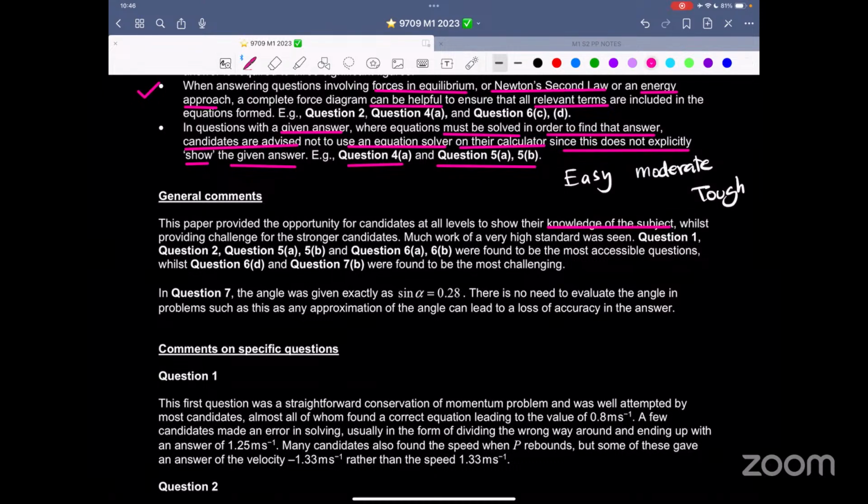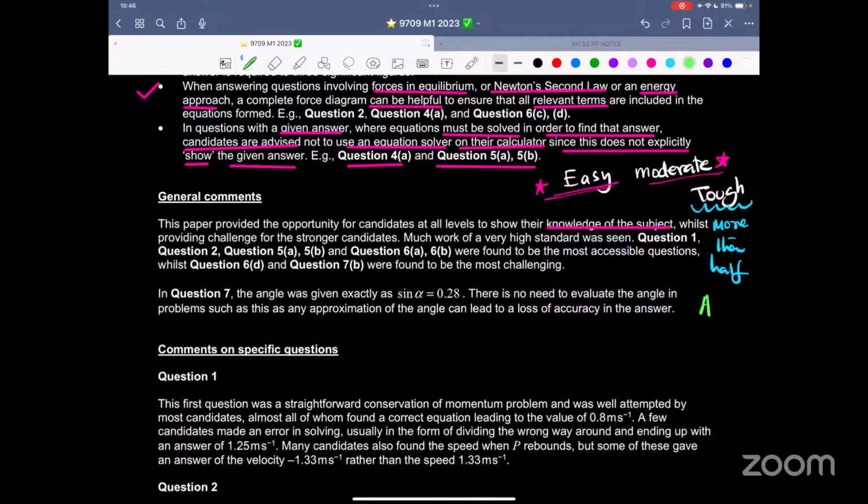If you can handle the easy ones perfectly well, moderate ones perfectly well, and tough ones almost more than half, then you are fit for your A star or an A grade. More than half means you form the equation. Maybe you get stuck at one point, you come back to it later, and then you are all fit for this.